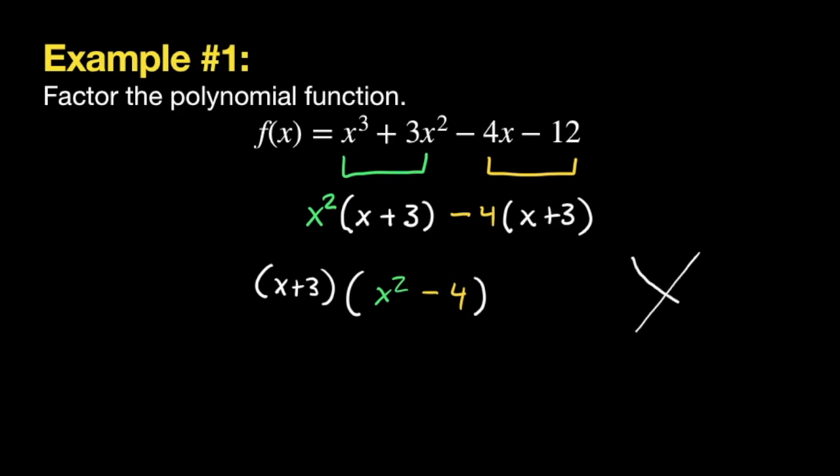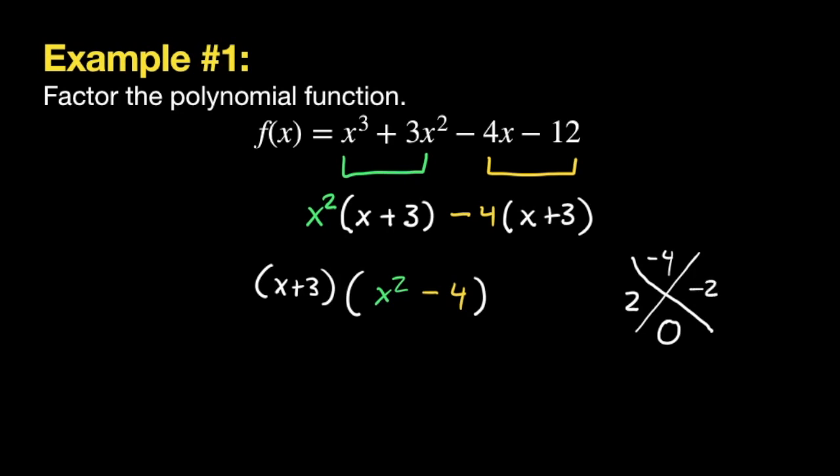So we're able to look for 2 numbers, and when we multiply them, gives us -4. Since we don't have a term with an x, we know that that's going to be 0. So 2 numbers, when we multiply them, that gives us -4, but when we add them, gives you 0. That's going to be 2 and -2.